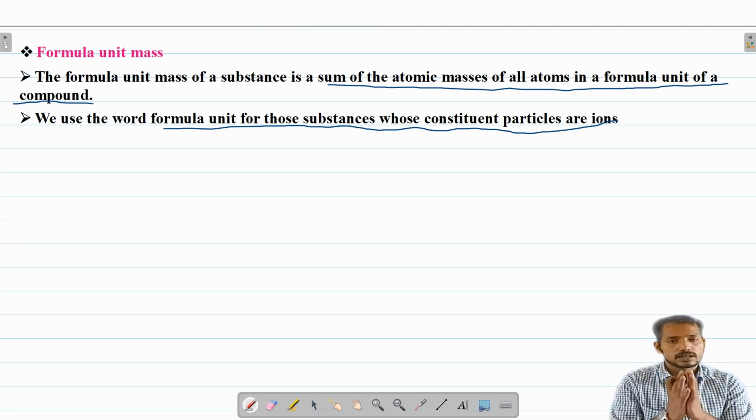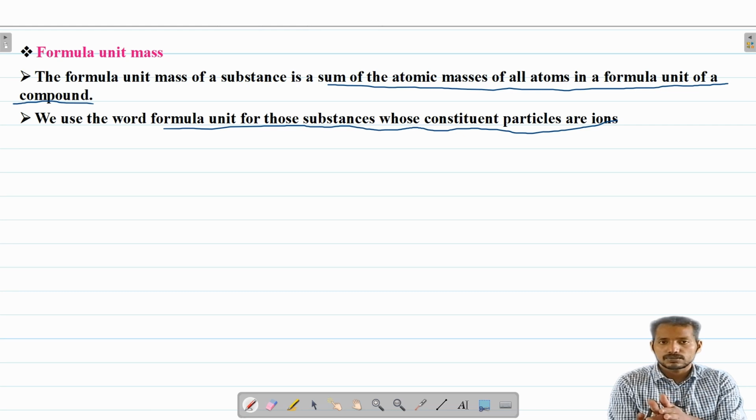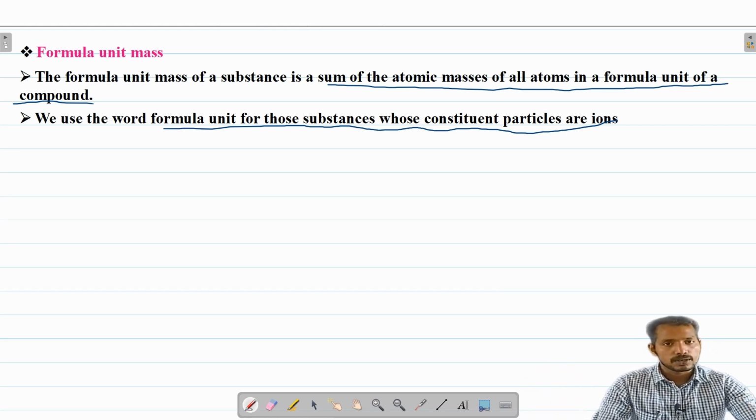We use the term molecular mass in case of normal compounds, while in case of ionic compounds, which means the compound formed by the ions, we will use the term formula unit mass. Clear? That is the difference. And the calculation of finding the formula unit mass is same as the calculation of finding the molecular mass.